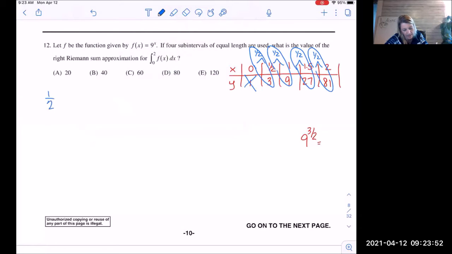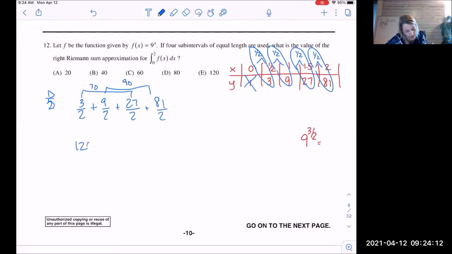So this is going to be half of, well, it's going to be 3 halves, 9 halves, 27 halves, and 81 halves. So those are 90. That's 30. That's 120 over 2. 60.